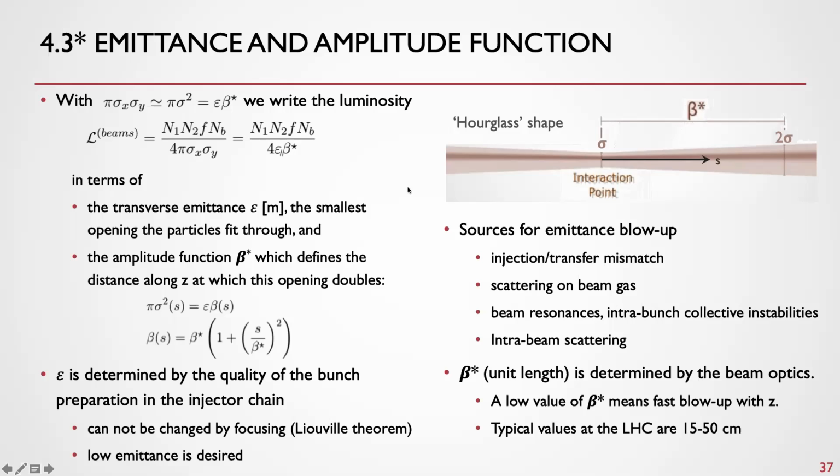Typical sources for emittance blow-up, which means bad emittance and low instantaneous luminosity, are, for example, mismatches at the injection between the accelerator stages, for example from the SPS to the LHC. Scattering on beam gas particles. Unfortunately, the vacuum in the beam pipe, I mean, it's 27 kilometers long, the two beam pipes, is very good, but it's not perfect, and scattering on beam gas particles blows up the beams a little bit.